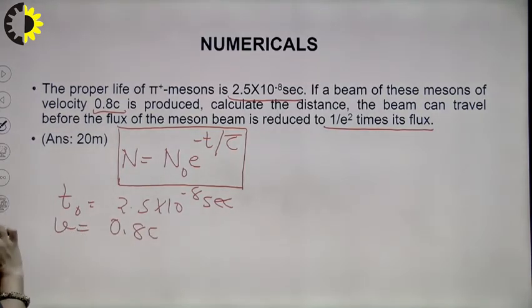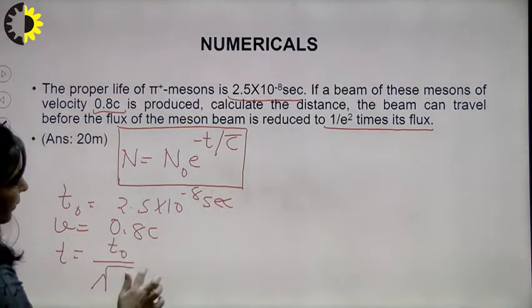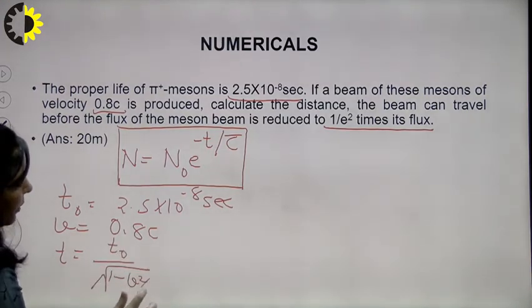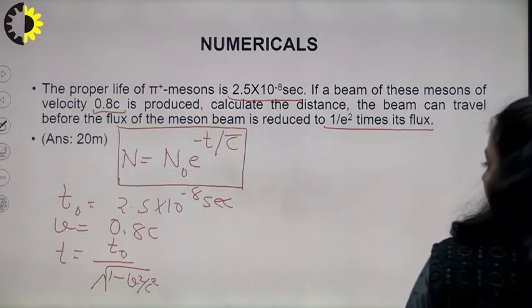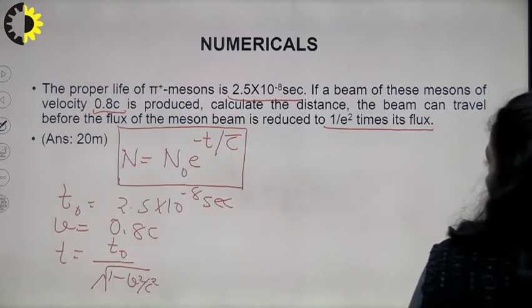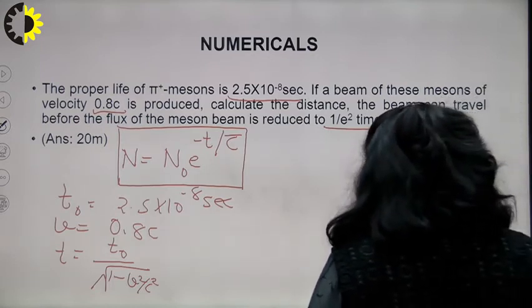So velocity is given, time is given, and according to the concept of time dilation, T is equal to T naught upon under root 1 minus v square upon c square. And you know this, that T naught is 2.5 into 10 raised to power minus 8.